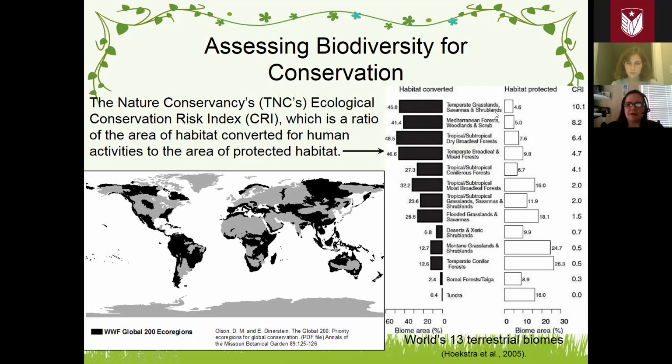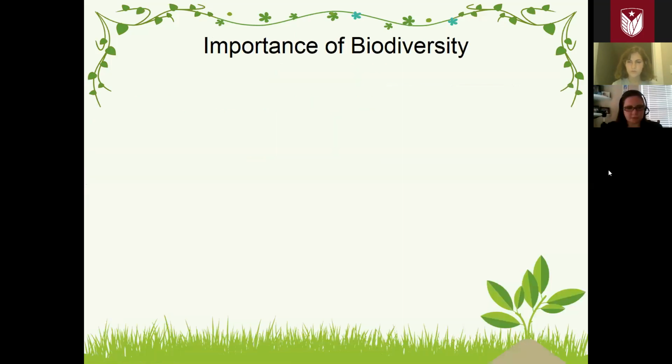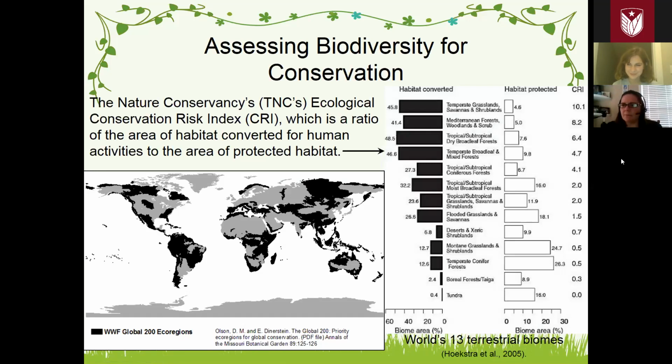It turns out that temperate grasslands, which of course is where we live, have the highest conservation risk index.